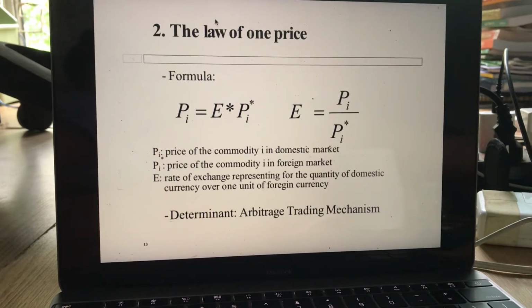Here is the key formula of the law of one price. The price of product i, where i captures the product or the commodity i. So P_i equals E multiplied by P_i star.